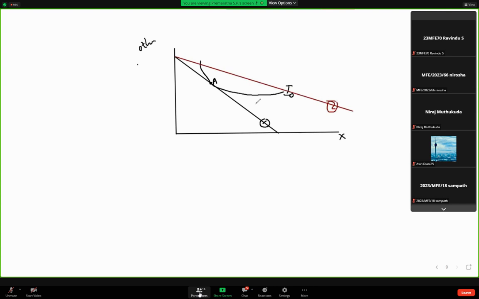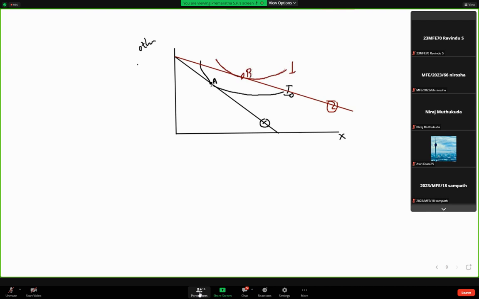The consumer will be able to reach another level of satisfaction, let's say point B.